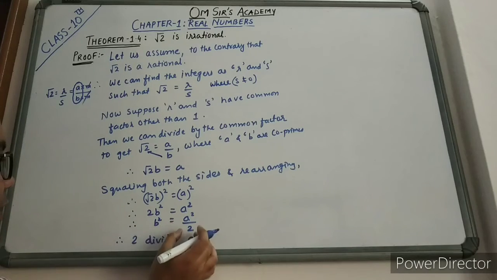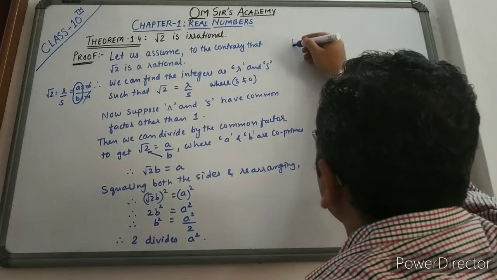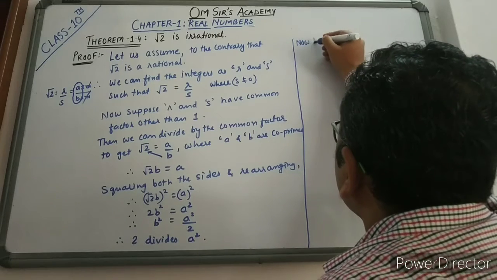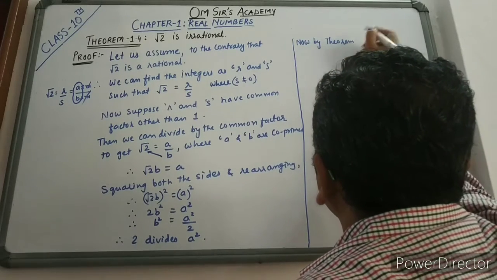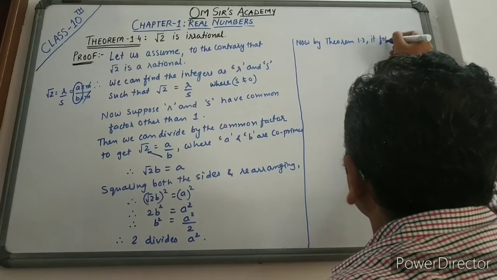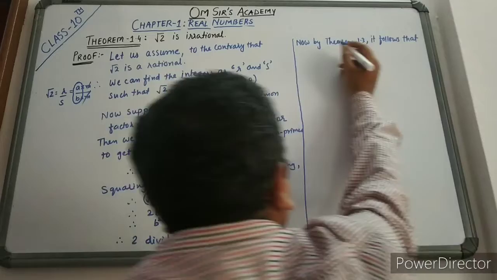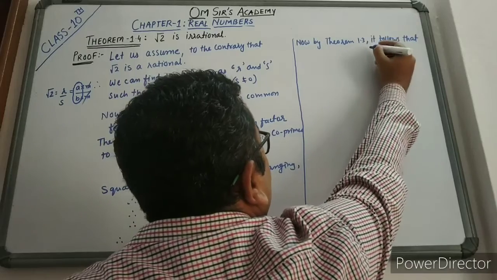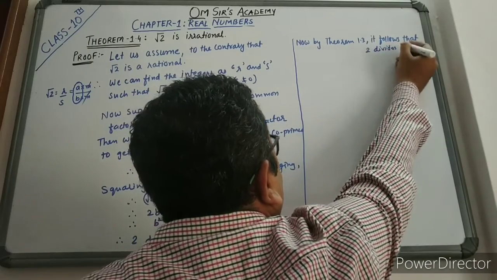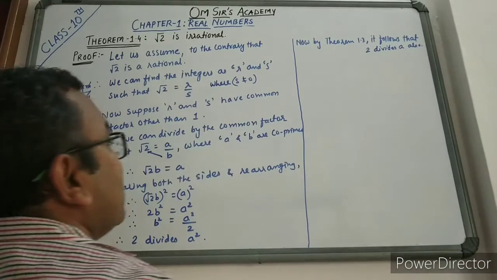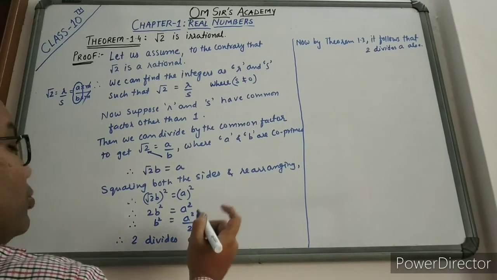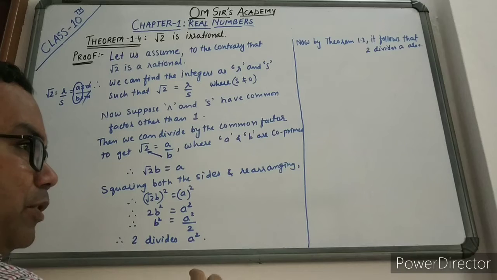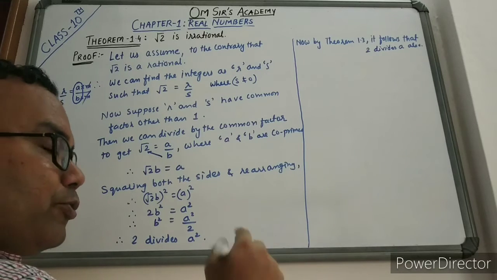यहाँ पे 2 a square को divide कर रहा है. So further I can write as, now by theorem 1.3 it follows that 2 divides a square, so 2 divides a also. ठीक है, मतलब यहाँ पे 2 a स्क्वायर को डिवाइड करता है. तो अभी हमने थियरम 1.3 पढ़ा कि if p is a prime number and if it divides a square then p also divides a.